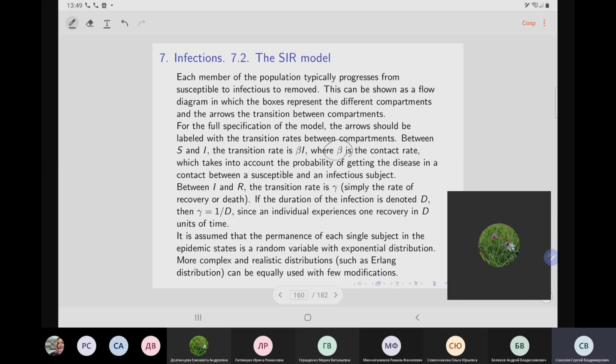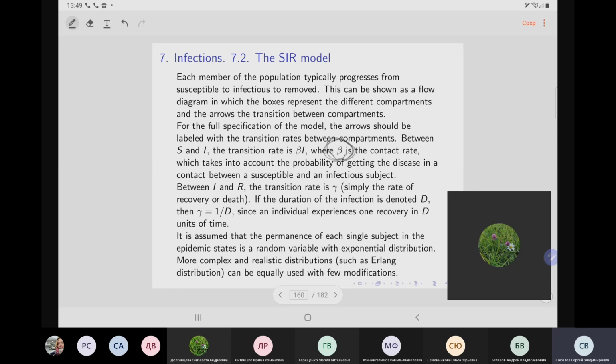Since we consider the meeting between S and I, for example, you are susceptible and you are going in one train with an infected person, there is some probability for you to be infected. So this is our beta, and we consider that it is a constant, some average probability to be infected.